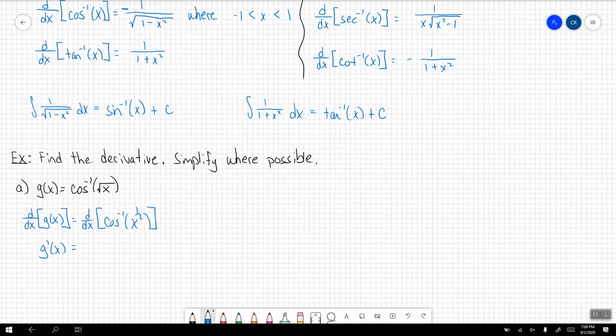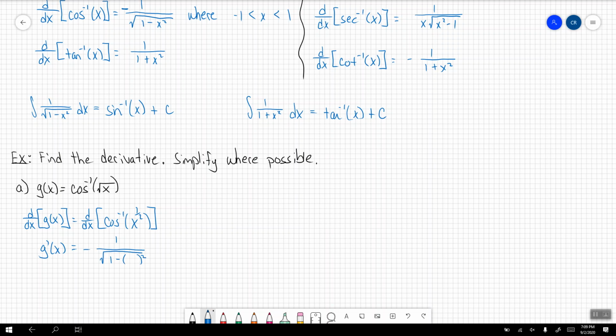The right-hand side, however, we need to take the derivative of cosine inverse. So the derivative of cosine inverse, as we get to see at the top of our screen, is going to be -1 divided by the square root of 1 minus the argument squared.